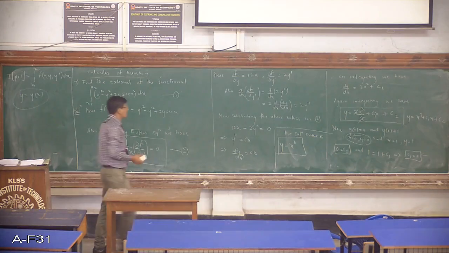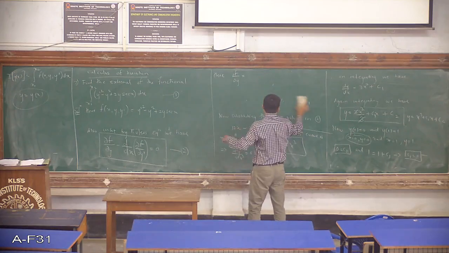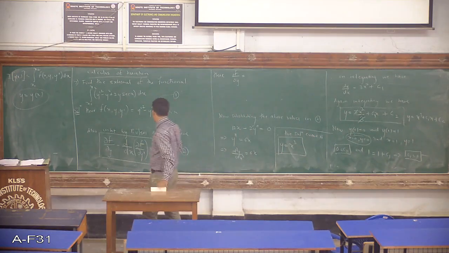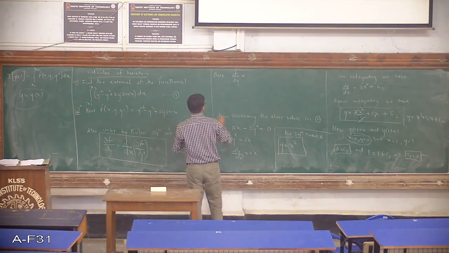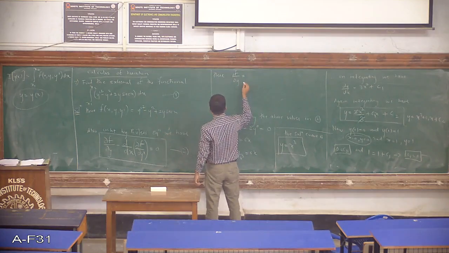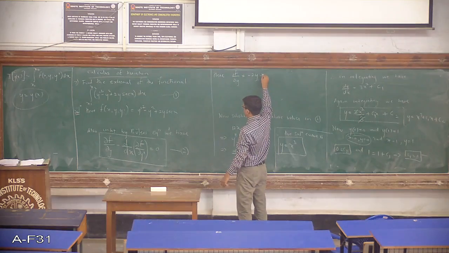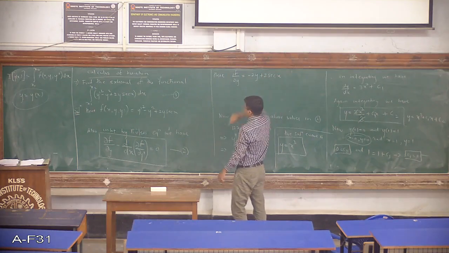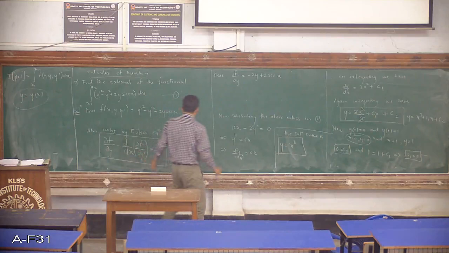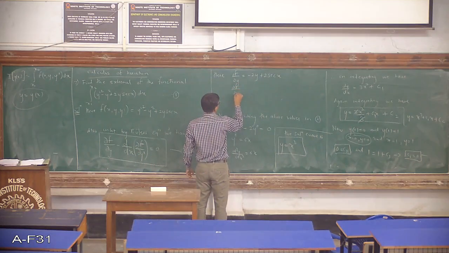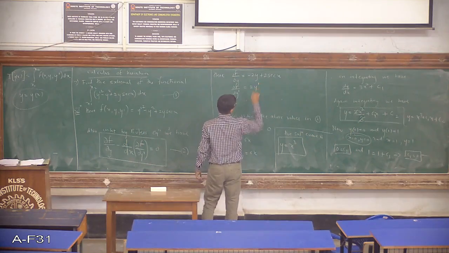Now the first thing is simple. So what is dou f by dou y? Here, y prime square, y square, 2y sec x, so this turns out to be minus 2y plus 2 sec x when I am differentiating partially with respect to y. Now what is dou f by dou y prime? It is 2y prime.